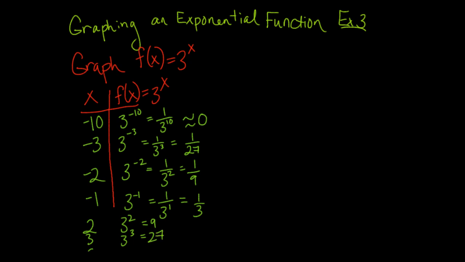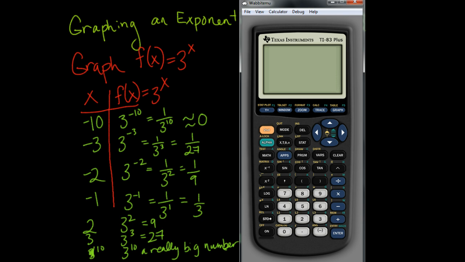And just for fun, think about what 3 to the 10th might be. That's going to be a really big number. You can calculate it if you want to, but that's the idea. Just for fun, let's do that. Here we go. You guys can see that, right?